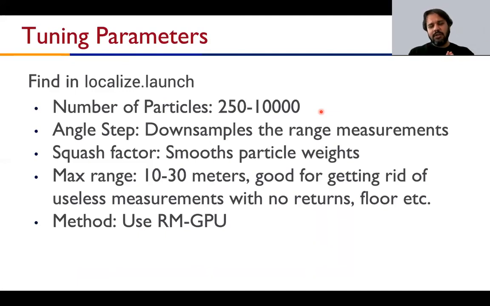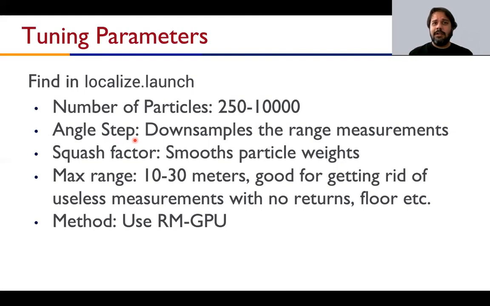There are some ways to reduce the computation. For example, you don't need to simulate all 1,080 LiDAR measurements with this raycasting. You could do some downsampling where your angle step, or your increment in this fake LiDAR data, is maybe 4 times.